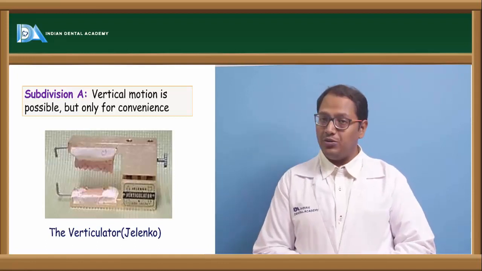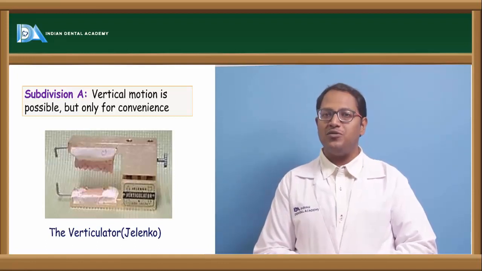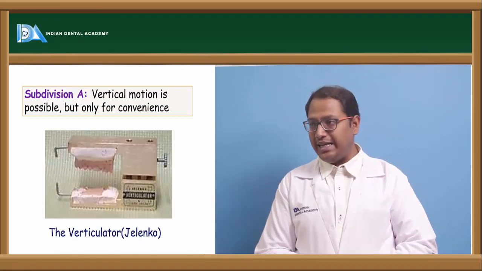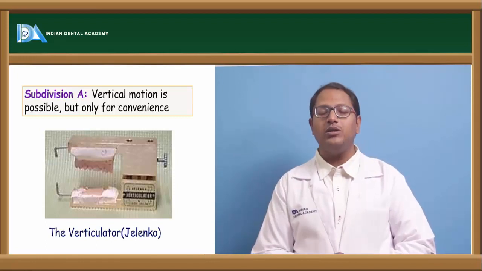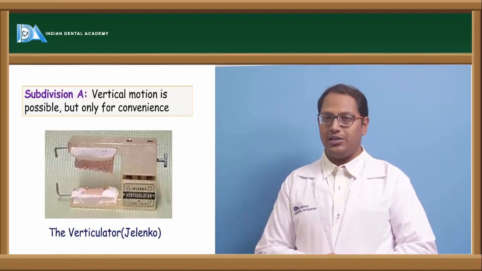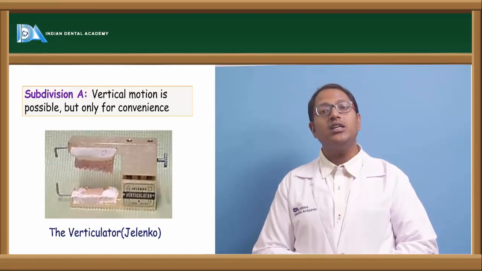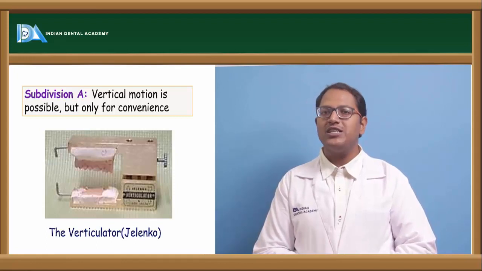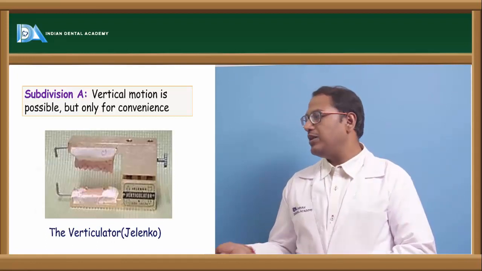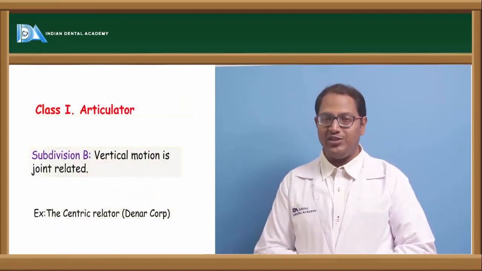For example, verticulator. We still use verticulator for our full mouth cases, but yes, those are not for regular patients to simulate an articulator. Why? Because it cannot take the lateral records, it cannot accept a face bow, so we are helpless to eliminate it.